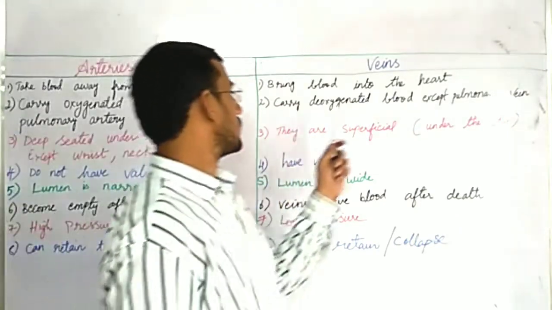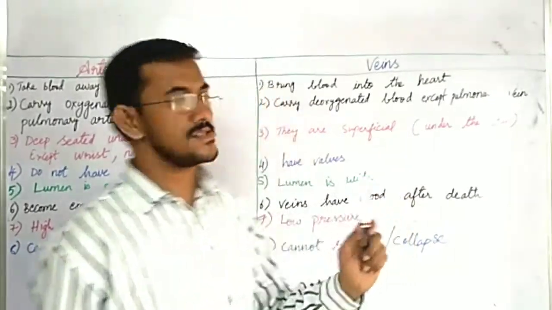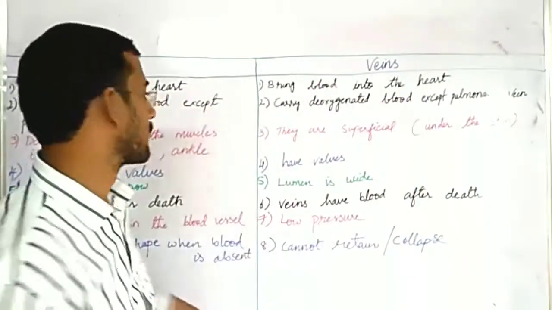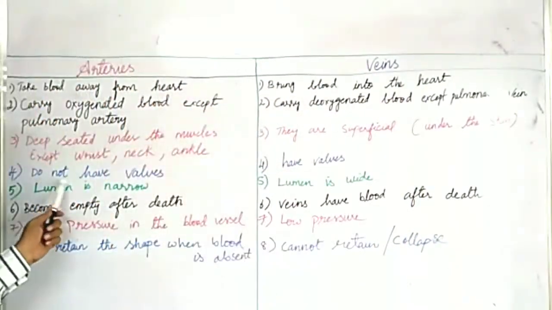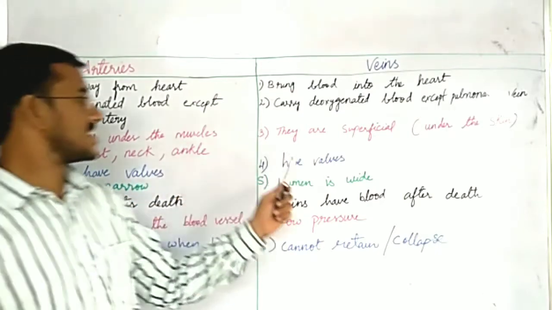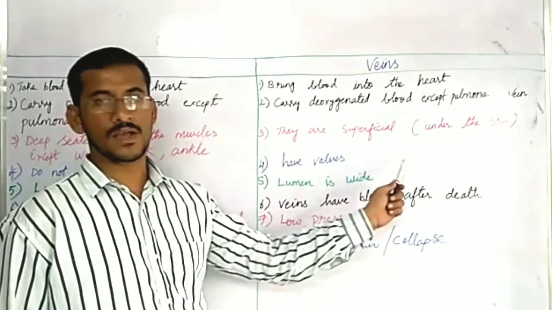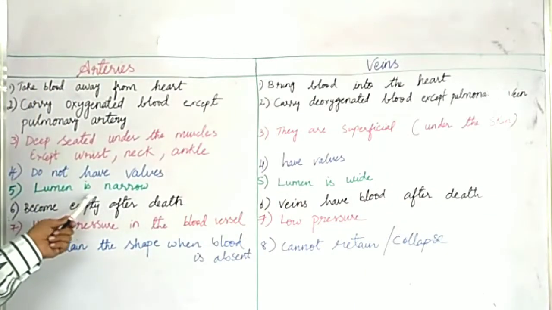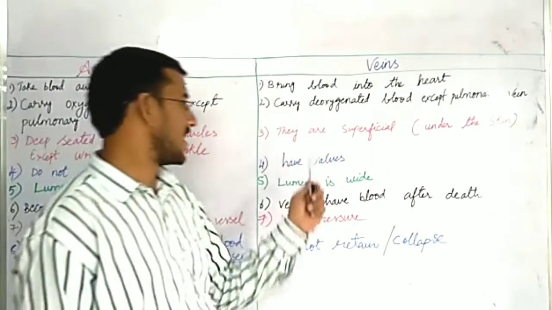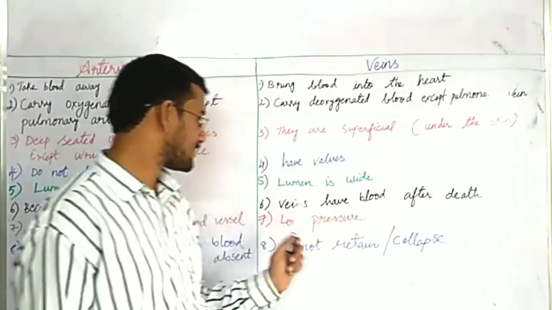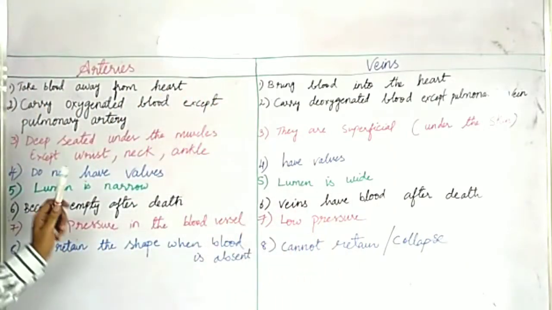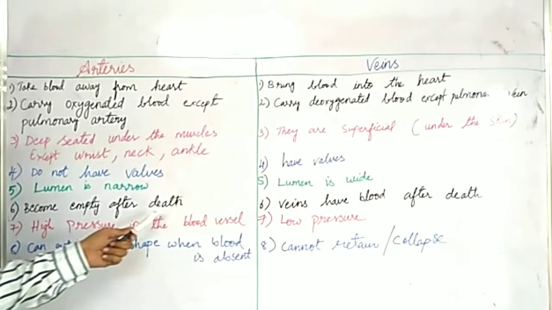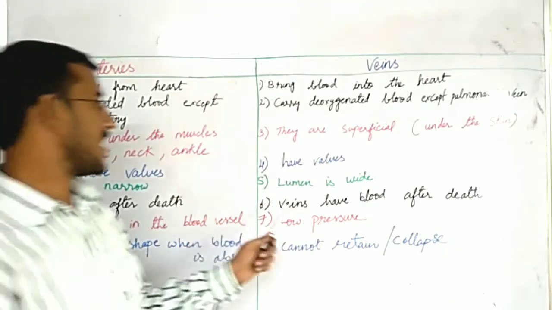Veins are superficial, just under the skin. Arteries do not have valves. Veins have valves which prevent backflow of the blood. Arteries' lumen is narrow, whereas veins' lumen is wide. Arteries become empty after the death of a person. Veins have blood after death.